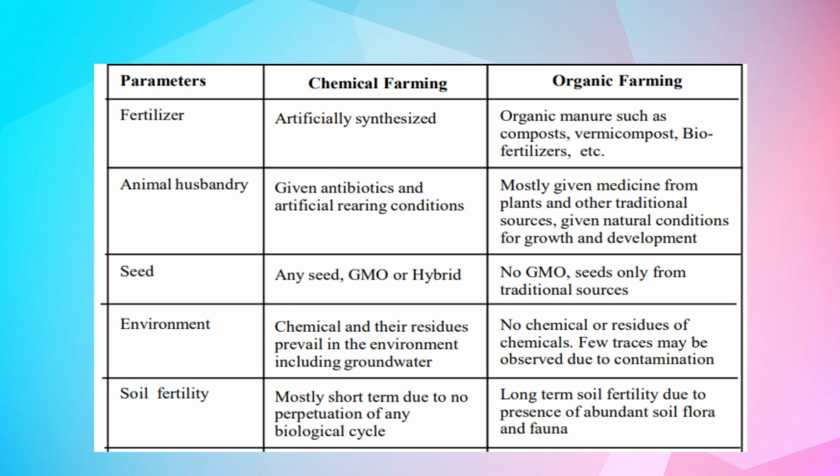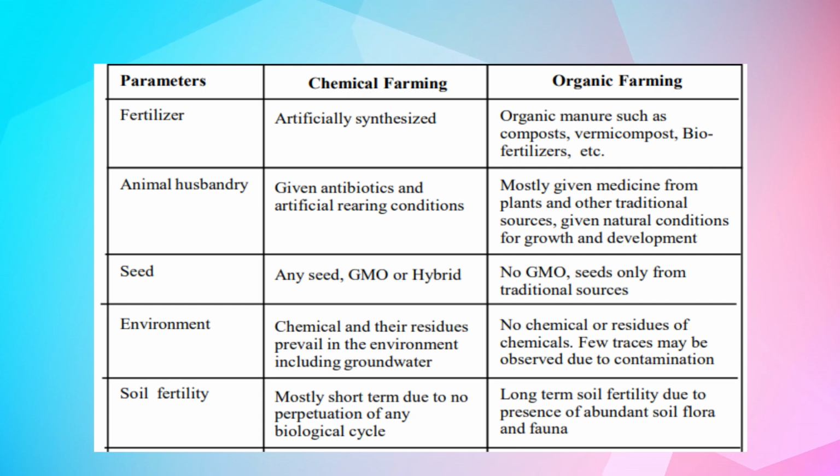Now environment. The chemicals and their residues also prevail in the environment, including the groundwater. But in the case of organic farming, no chemical or residues of the chemicals will be seen. Few traces may be observed due to contamination. Soil fertility. This is mostly short term in chemical farming due to no perpetuation of any biological cycle.